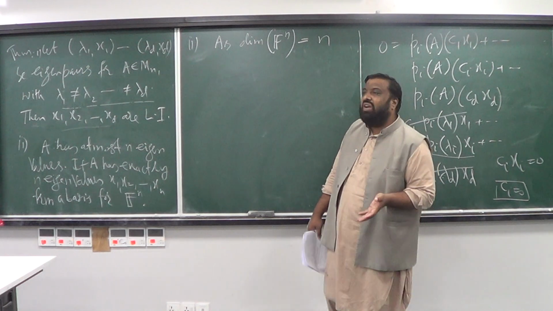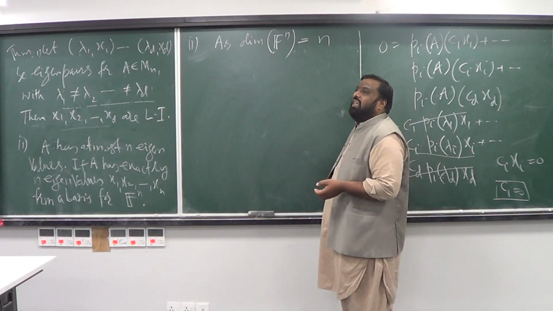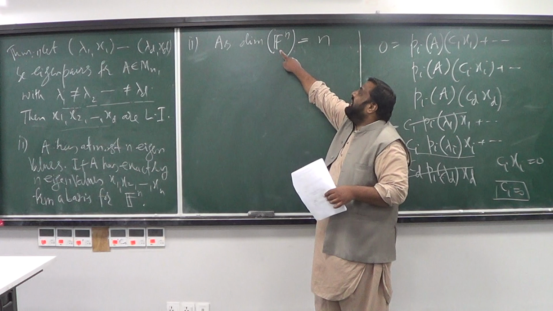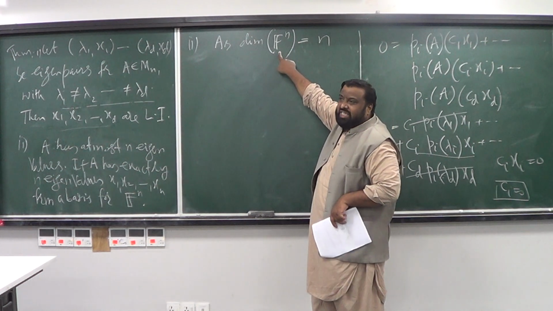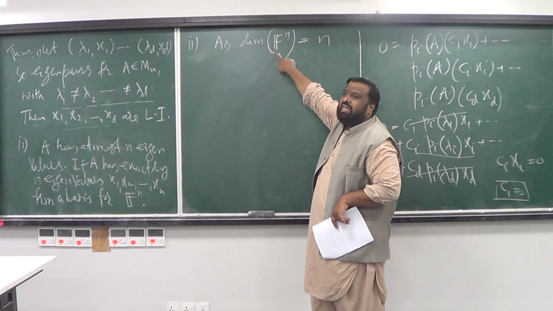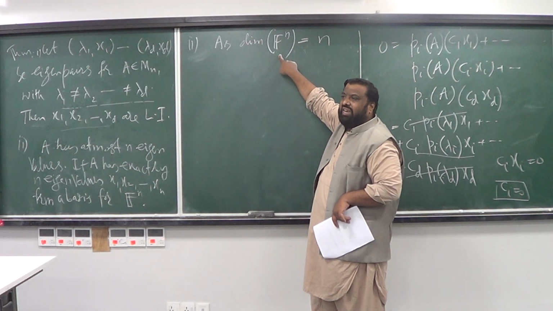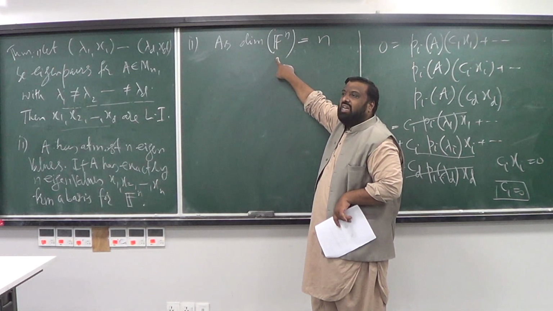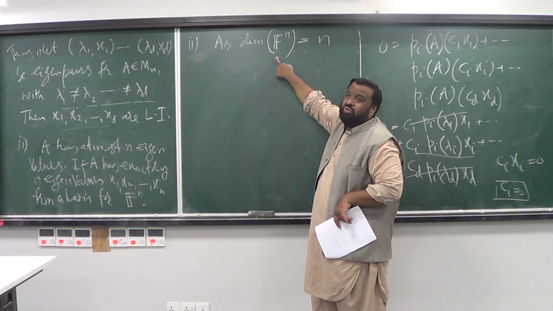In this vector space, the number of linearly independent vectors that you can have together is at most n.